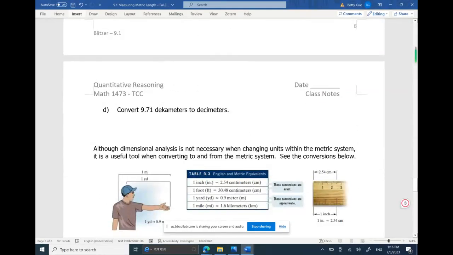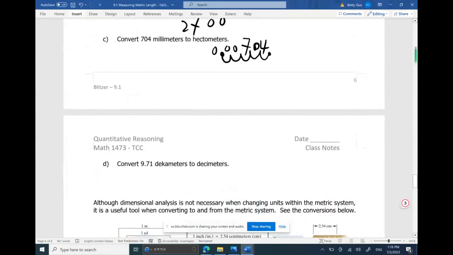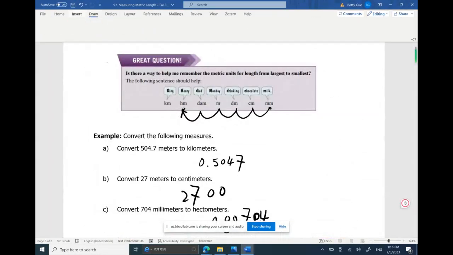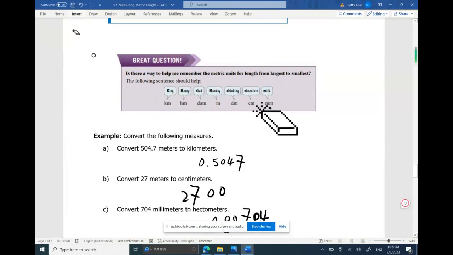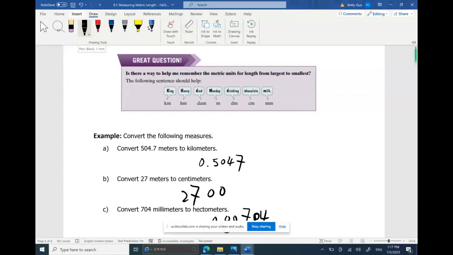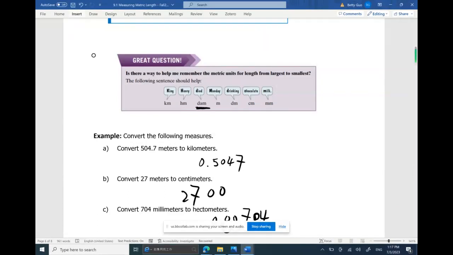Next, part D, convert 9.71 decameters to decimeters. Deca to deci, use the same graph. Deca is here, and deci is here.